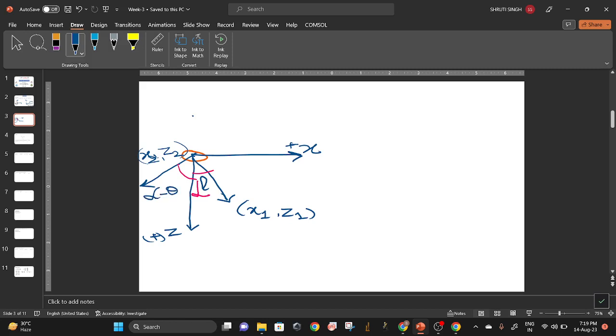Now we have to write cos of this one. Actually x2, this one, it is negative, right? So I think the angles will be taken care of by the negative sign of x2.